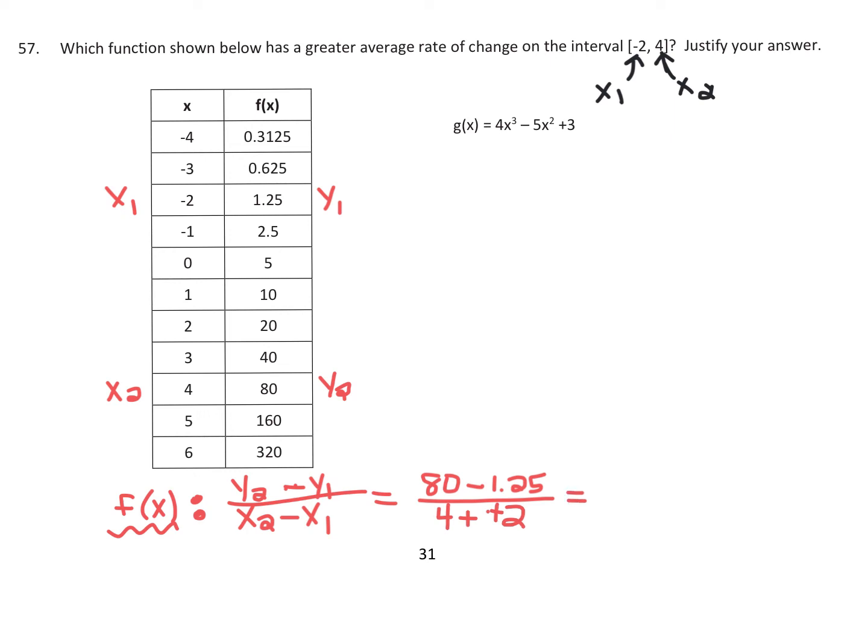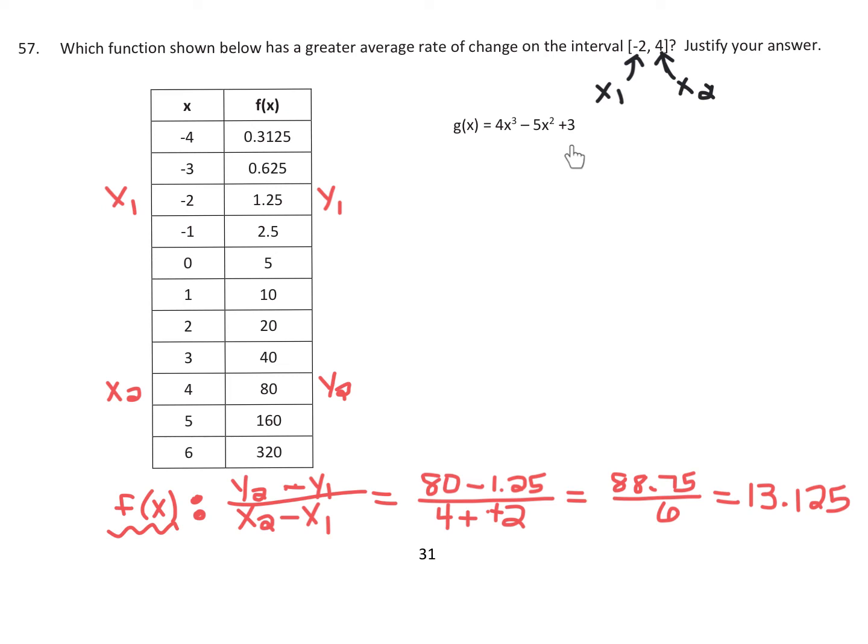So when we subtract these out, 80 minus 1.25 would be 88.75, divided by 4 plus 2, which is 6. And 88.75 divided by 6 gives you 13.125. Okay, so that's the average rate of change for f of x over our given interval.